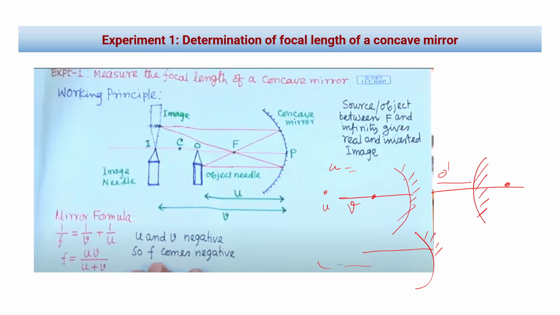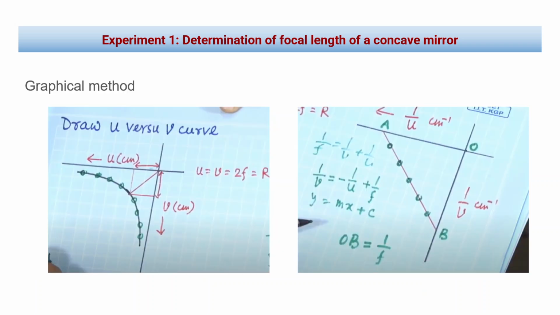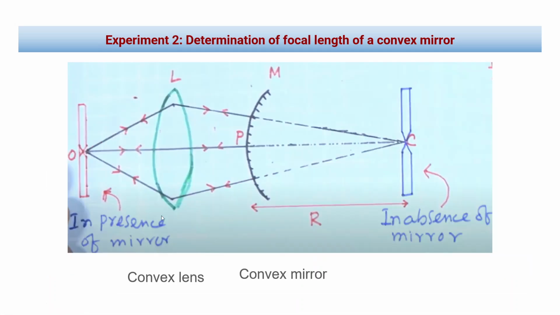So I would suggest you do the same as we did while discussing numericals. Then we used this graphical method to find the focal length of the mirror. Then this was for the convex mirror, where we needed another convex lens to do this, because the image won't be formed.